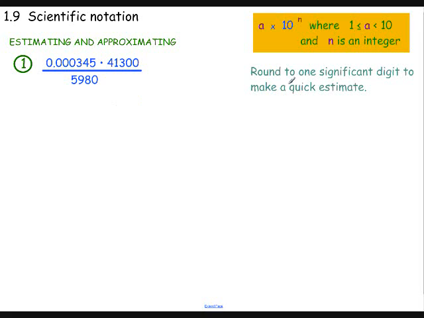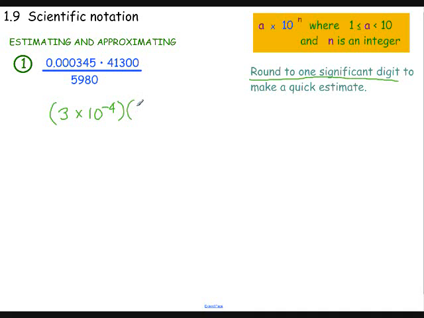Estimating and approximating. Round to one significant digit to make a quick estimate. Okay, so one significant digit here would be 3, and that would be times 10 to the what? Okay, I did 1, 2, 3, 4 to the negative 4, right? So that would be that first number.